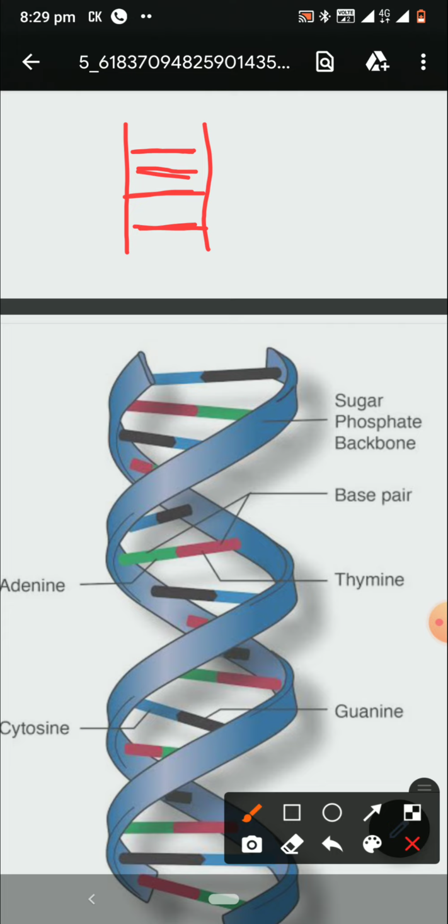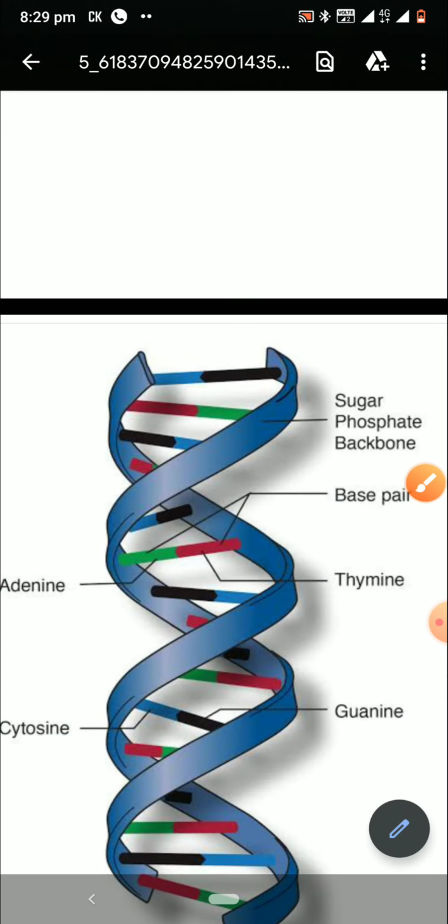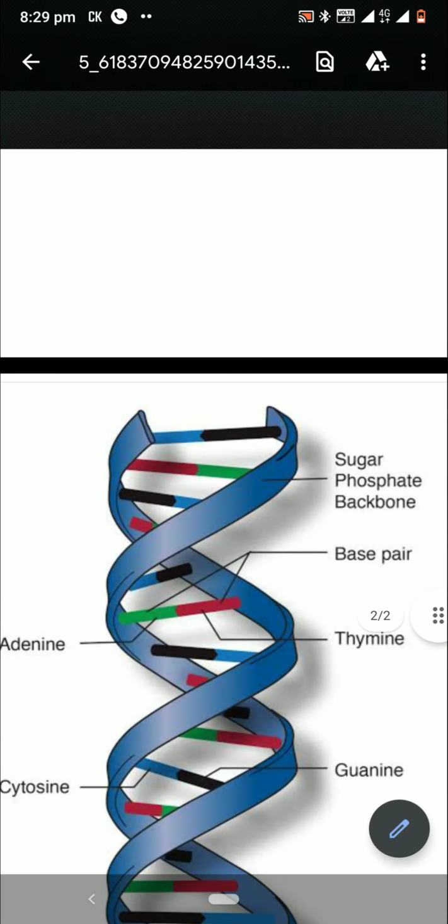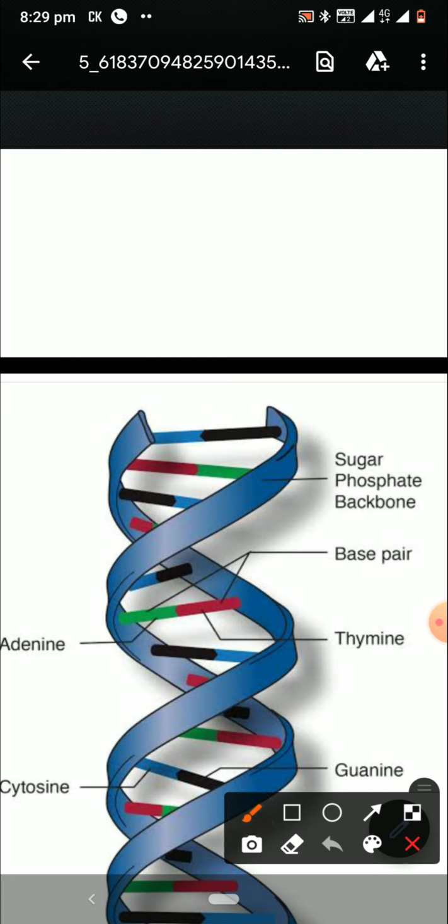So in order to understand it more clearly, I'll be drawing how these nucleotides are combined or joined together to form DNA. As I have already said, a nucleotide consists of a 5 carbon atom sugar, phosphate group and nitrogenous base.